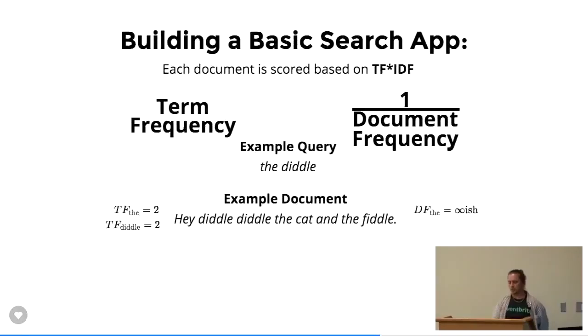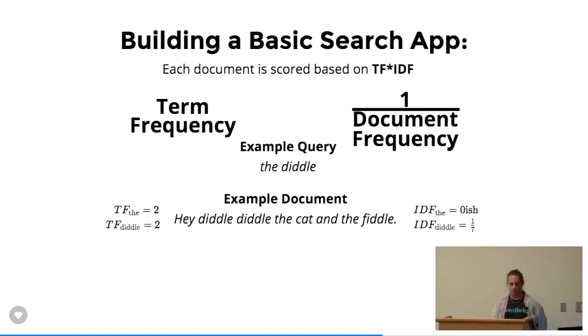So document frequency for "the" is pretty high, so the inverse document frequency for "the" is just about 0. Makes sense? And the document frequency for "diddle", not a very common word, it only occurs in 7 documents. So it's actually very important, and it gets an inverse document frequency of 1 over 7, which is a lot higher than 0.